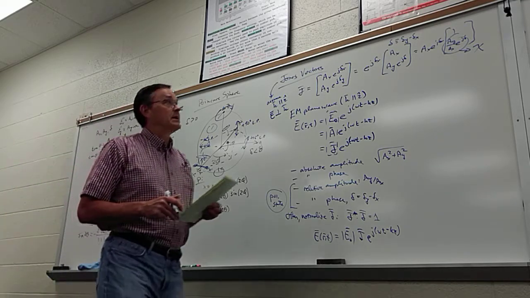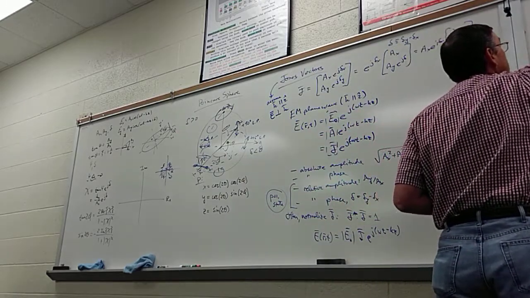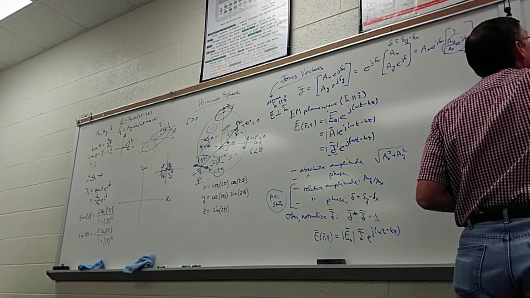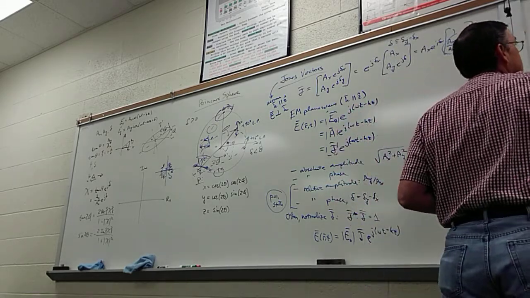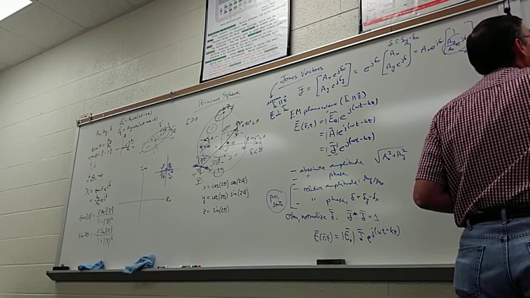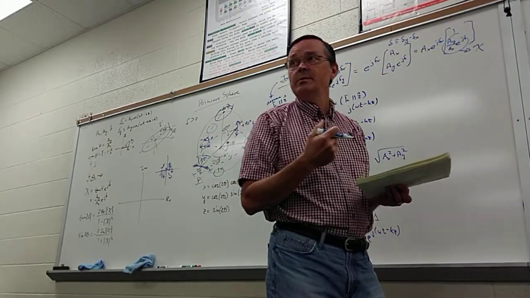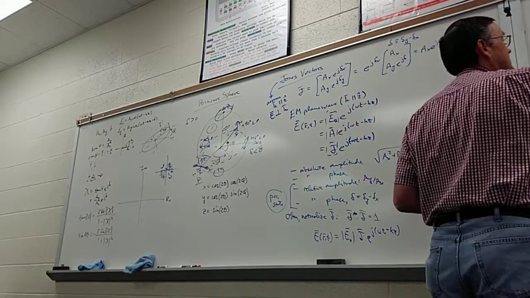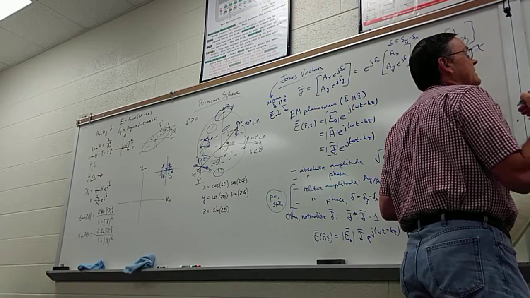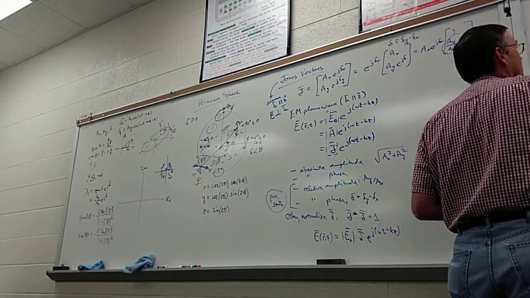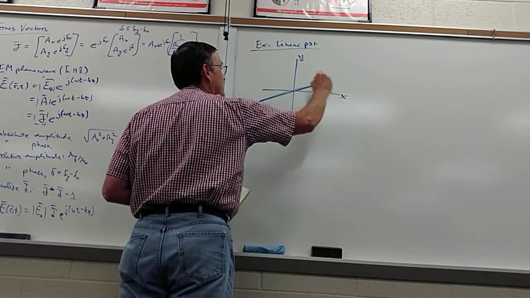So let's do an example. Let's look at linear polarization. In that case, if we look at the xy plane, which is the plane orthogonal to the direction of propagation, so the z-axis is out of the board, waves propagating out of the board, then the electric field vector is just going to oscillate back and forth in a line, right?